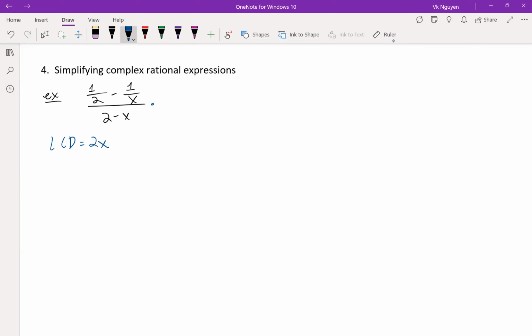Now multiply this by 2x over 2x. Now distribute the 2x on the top. 2x times 1 is 2x over 2. 1 times 2x is 2x over x. On the bottom, we have 2x times 2 minus x.